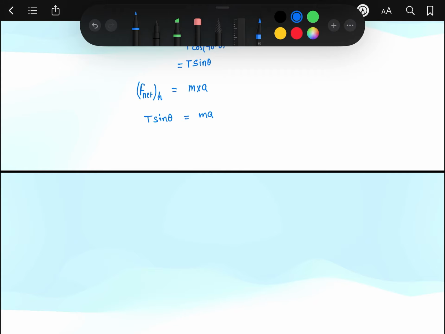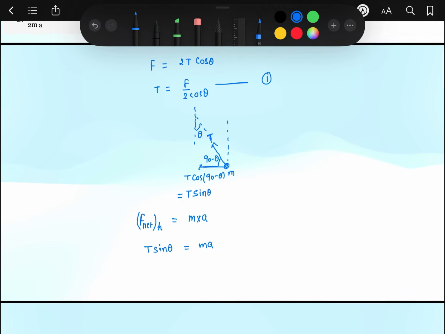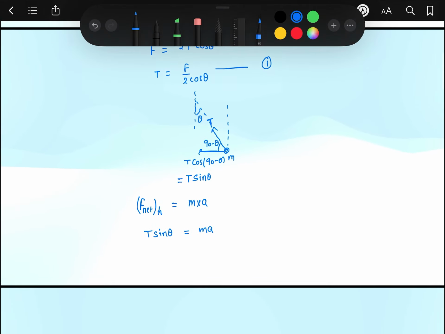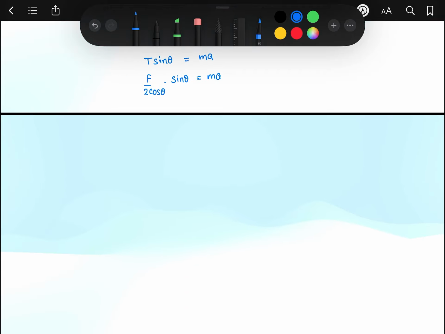Now substituting the value of tension from equation 1, tension is equal to F by 2 cos theta, into sin theta, equal to m into a. So here acceleration will be equal to F by 2m into tan theta.